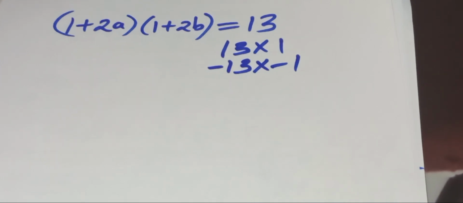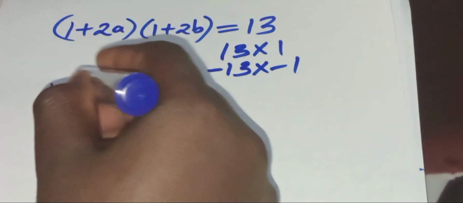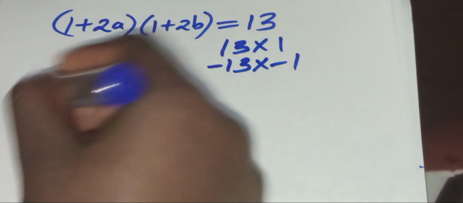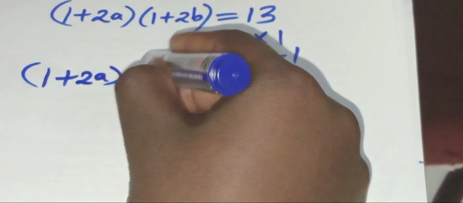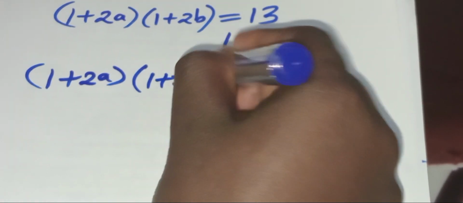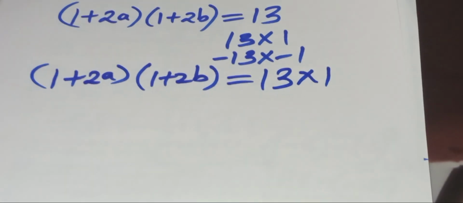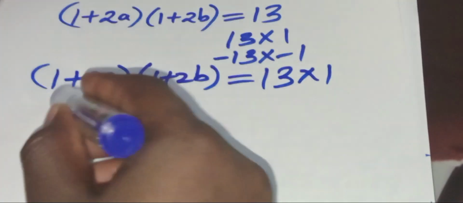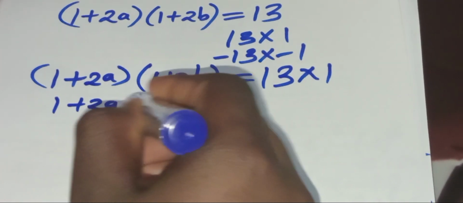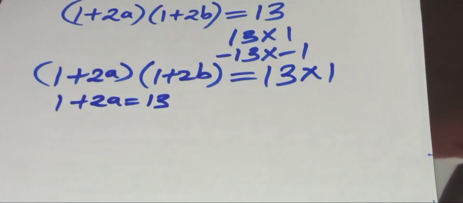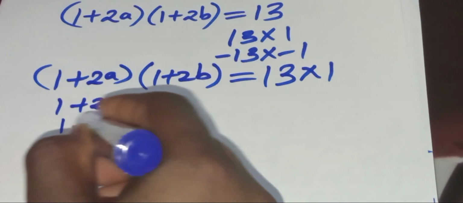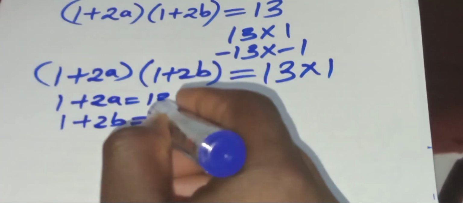All right, so let's equate this. We'll have 1 plus 2a times 1 plus 2b, this is equal to 13 times 1. So that means 1 plus 2a is equal to 13, and 1 plus 2b is equal to 1.